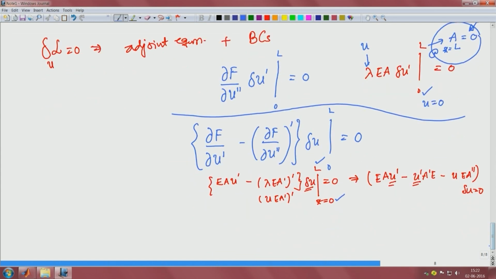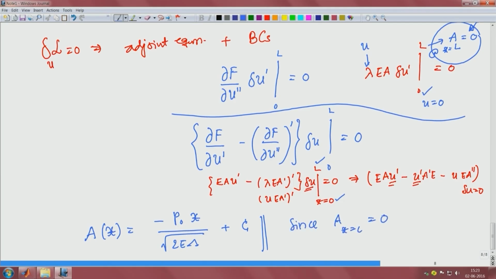So, if I were to go back and say what my area profile for this case is, we got minus P naught x divided by square root of 2 E lambda plus C was there, right. Now, we got the condition that since A at x equal to L equal to 0, then we can find C. What happens?